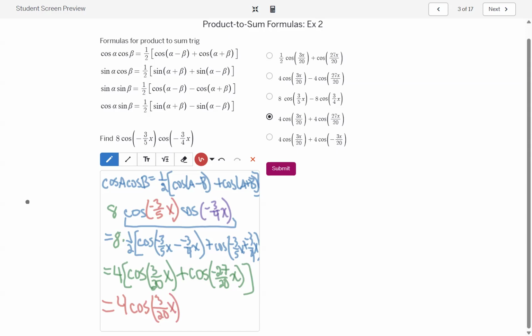So cosine is an even function. It's symmetric across the y-axis. It starts at 1, goes down and comes back up, and then to the left, it goes down and comes back up. So it's the same pattern folded on the y-axis. What that means is the cosine of negative x is the same as the cosine of positive x. So my cosine of negative 27/20 is the same as the cosine of positive 27/20.